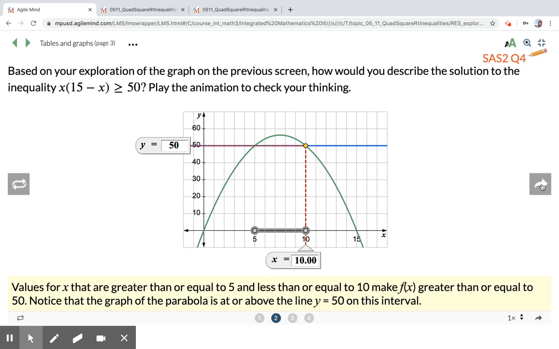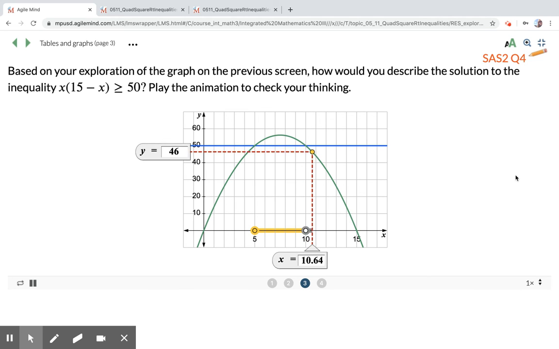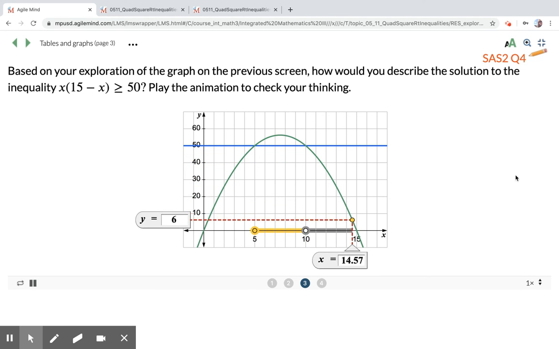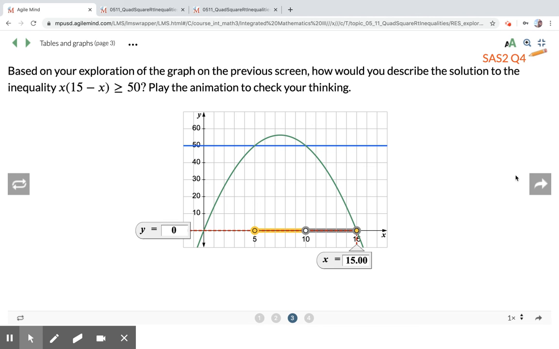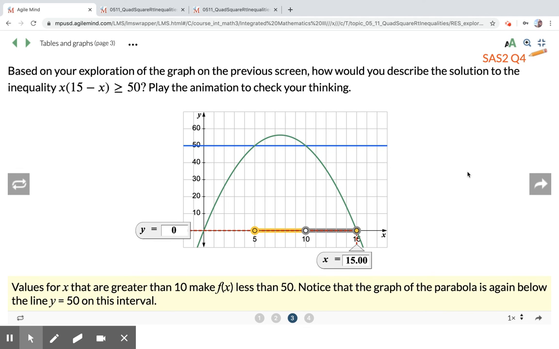But once we move past 10, the area starts dropping down again, which means that when I have values of x that are greater than 10, that's when my parabola drops down below y equals 50, and suddenly those are not solutions anymore. So we said less than 5 was bad, greater than 10 is bad, in between is good.